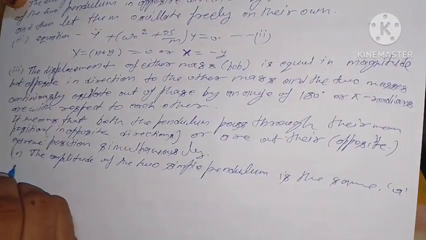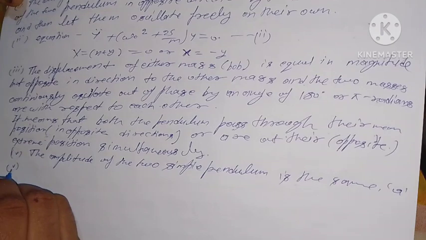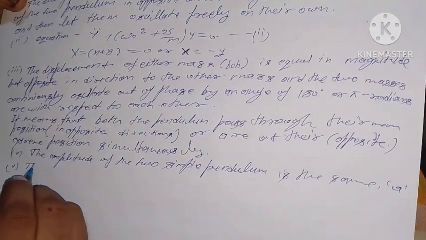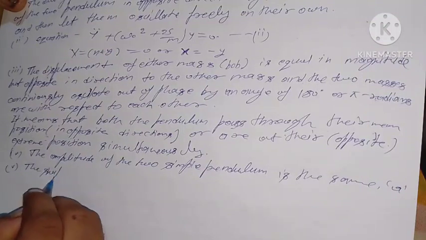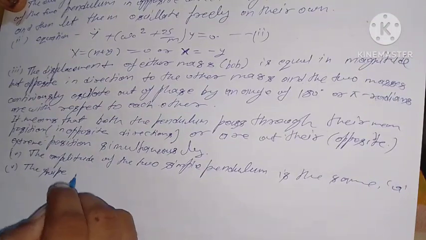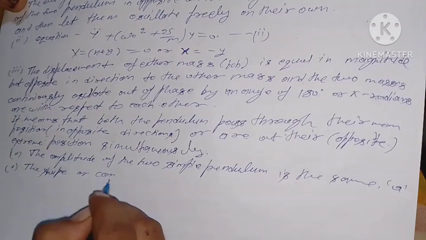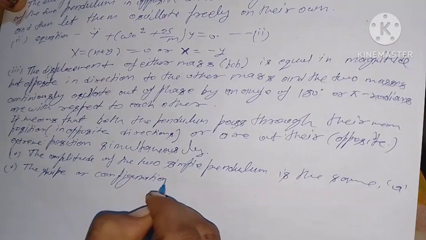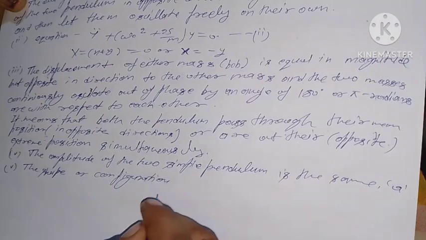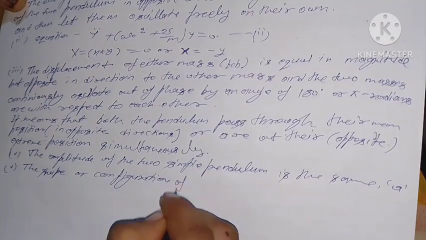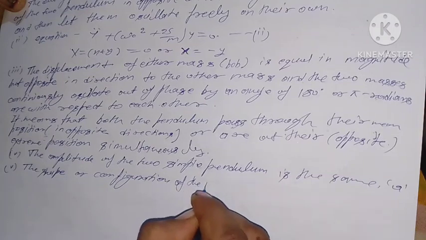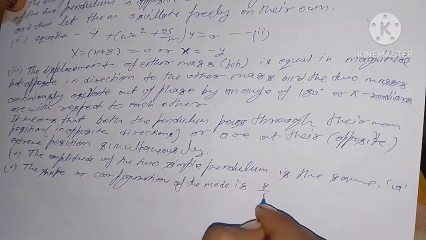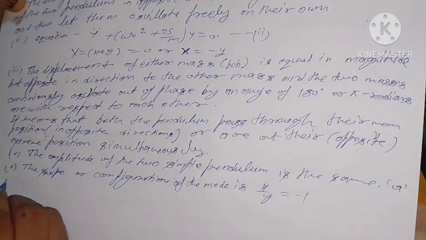Okay. Fifth point, the shape or configuration of the mode is x upon y equal to minus 1.